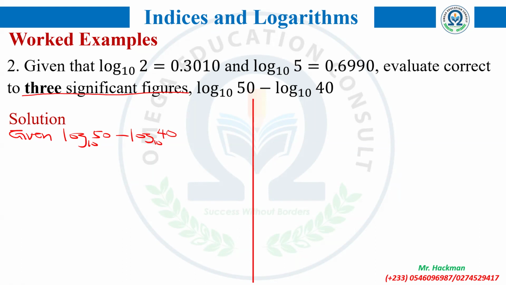Any other number to consider in the product? Any other number based on the advice? Remember, I said also consider your base as one of the numbers.